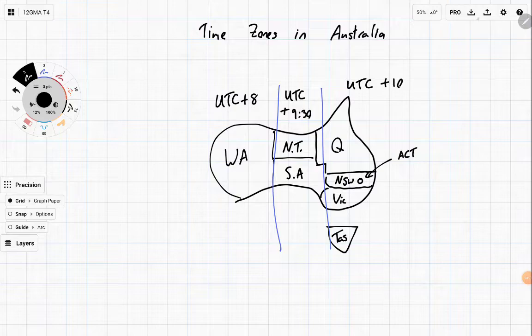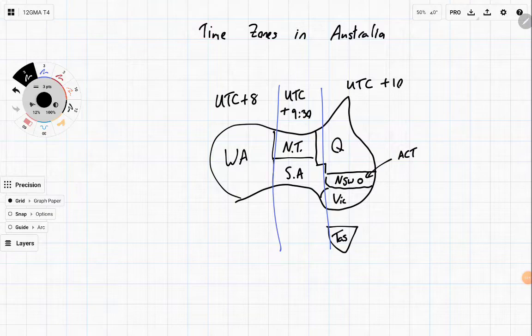There are a few more complications though, because some of the states observe daylight savings, which means that the time changes. Daylight savings happens each summer, okay? And when it does, that pushes you forward an hour.